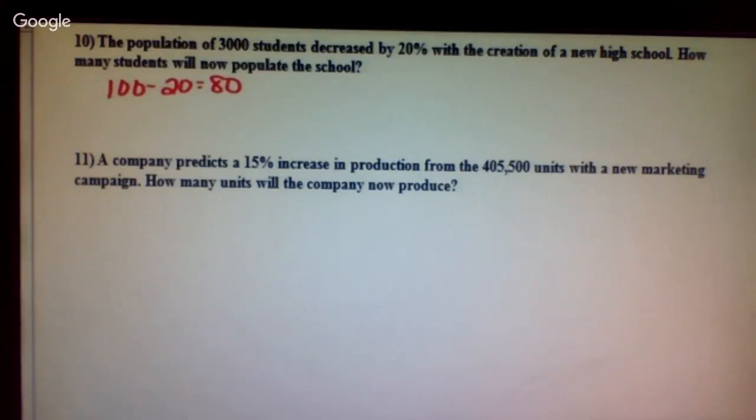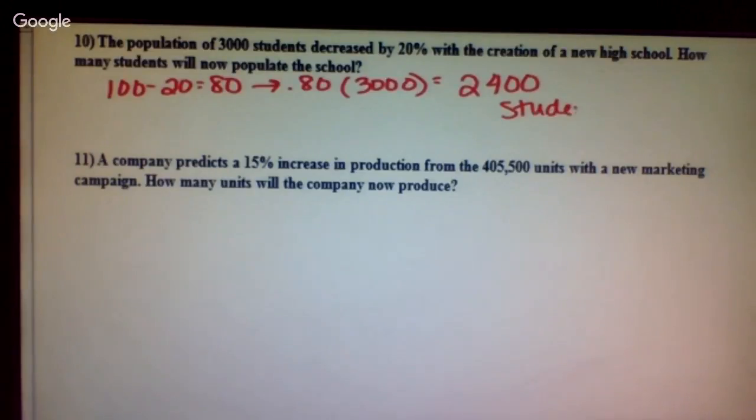So 80% of the students are staying, 0.80. They gave me the original, so we multiply by 3,000. Good. There's 2,400 students left in the building.